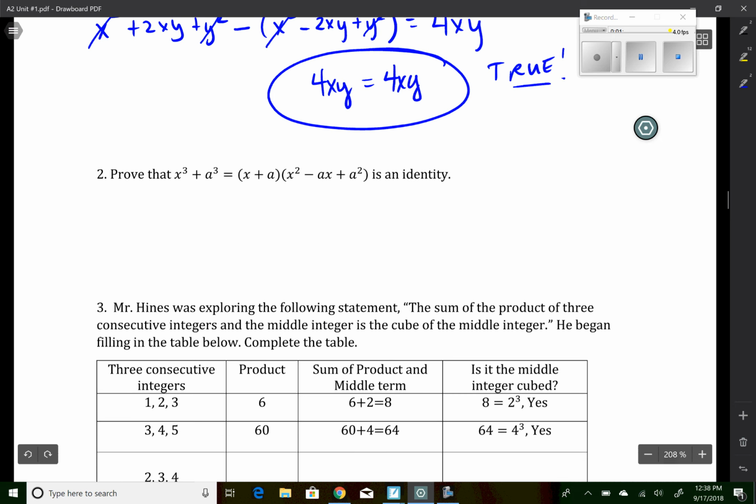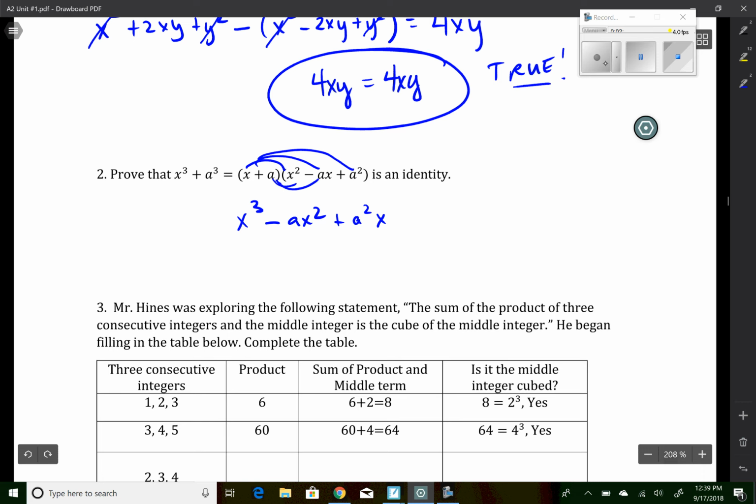Number 2, prove this is an identity. Now, we've been using this identity in our factoring method back in lesson 5. So let's prove that it actually works. So we could do some multiplication. If we multiply this out, we get x cubed minus ax squared plus a squared x if we do all of our distributing.